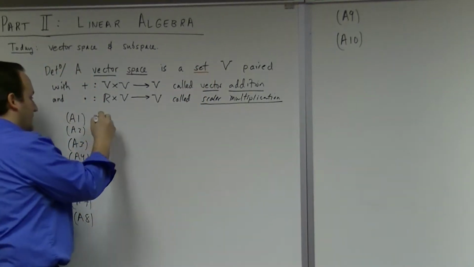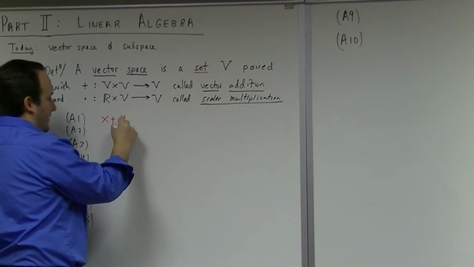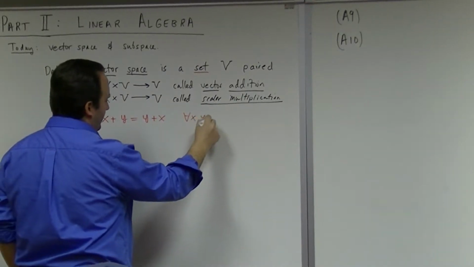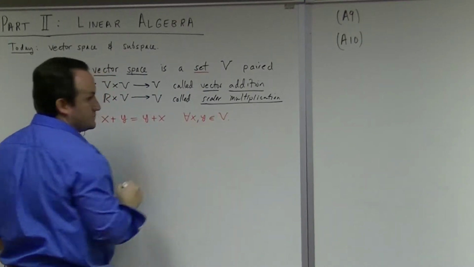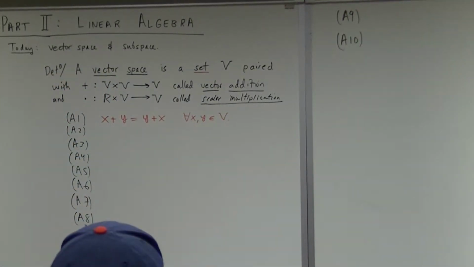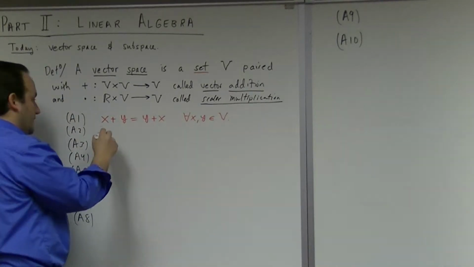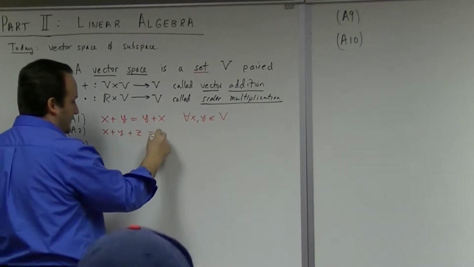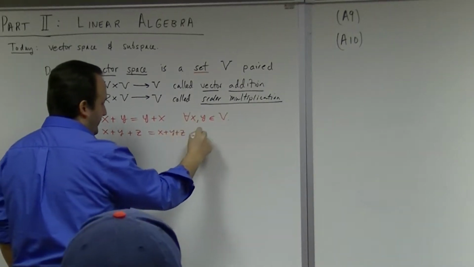So first of all, x plus y has to be equal to y plus x for all x and y in V. That's axiom 1. In other words, addition commutes. The other thing is that addition is associative. So (x plus y) plus z is equal to x plus (y plus z) for all x, y, z.